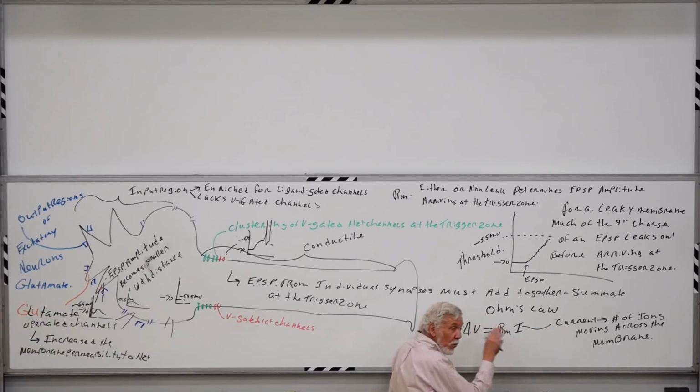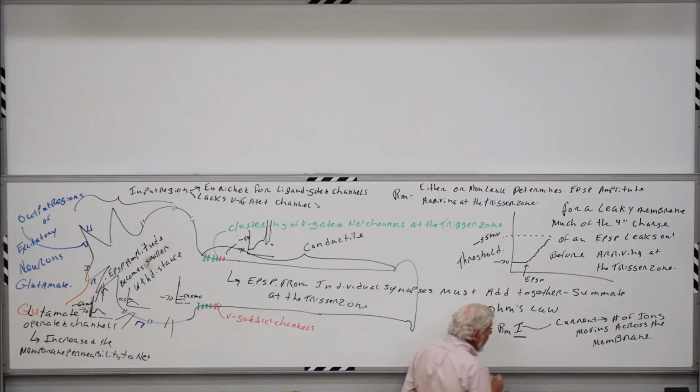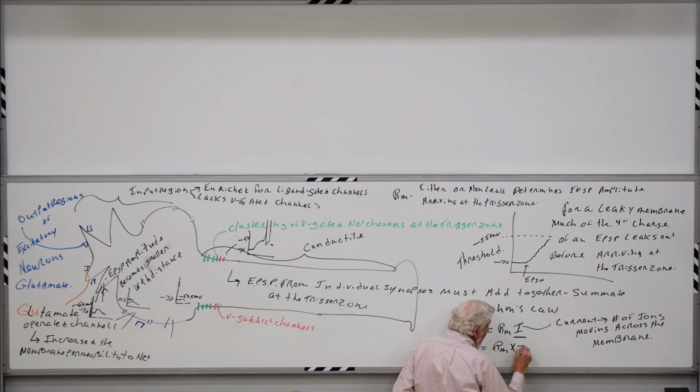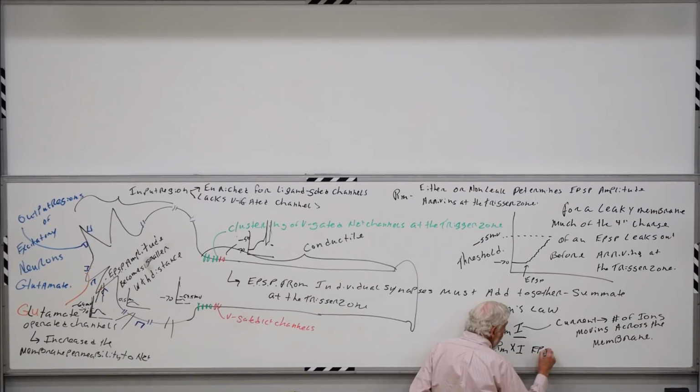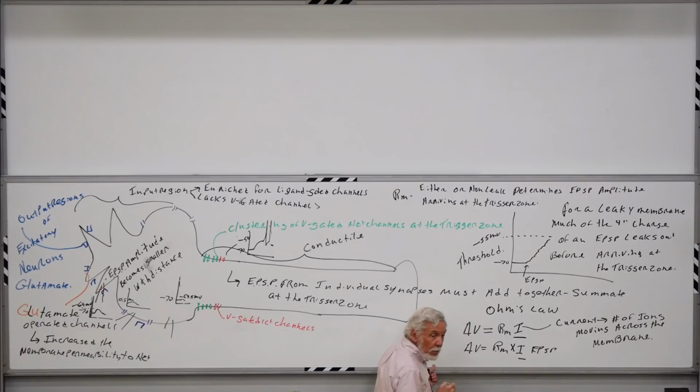So we can say for our thought experiment that this doesn't change. That's fixed. So the delta V now is equal to the membrane resistance, R sub m, times this fixed number for current. So for an EPSP, this isn't going to change.